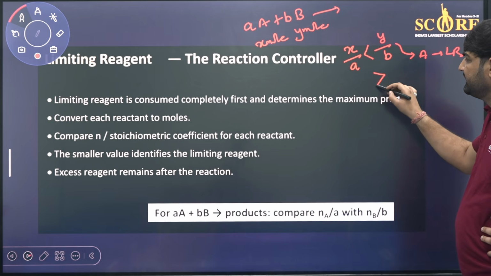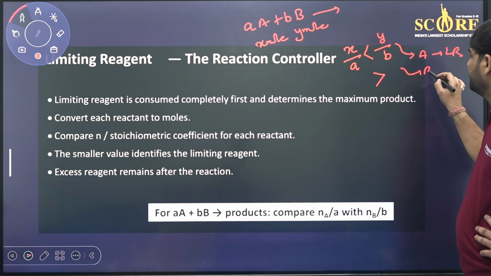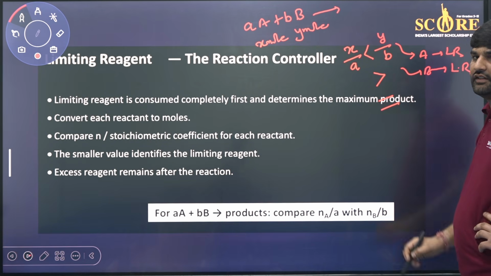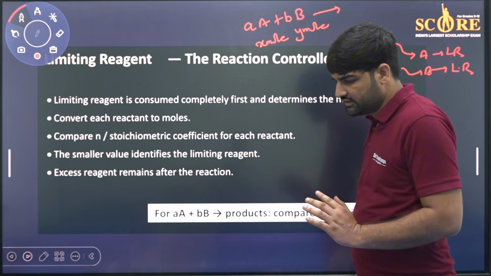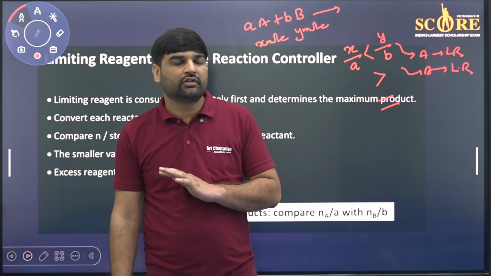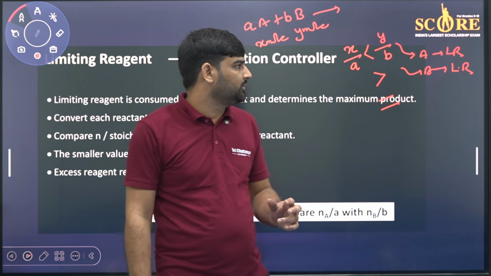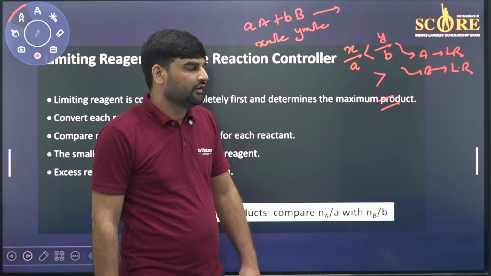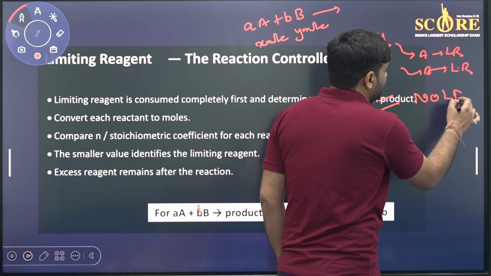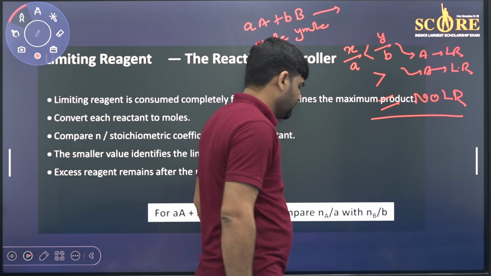If these are equal, then A and B both will be consumed simultaneously. It means no reagent will be consumed first. It means no LR. If X upon a equals Y upon b, then you have to say there is no LR.